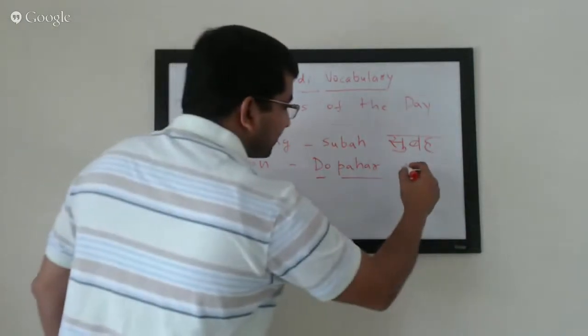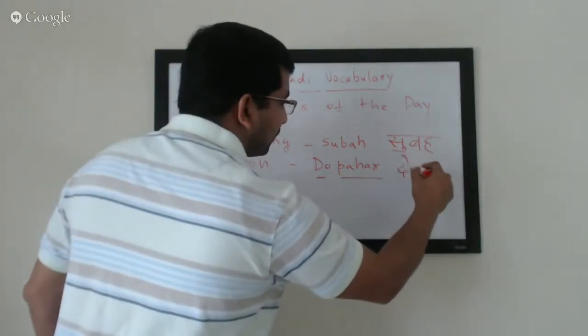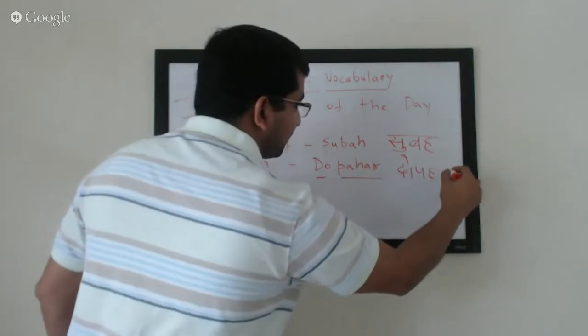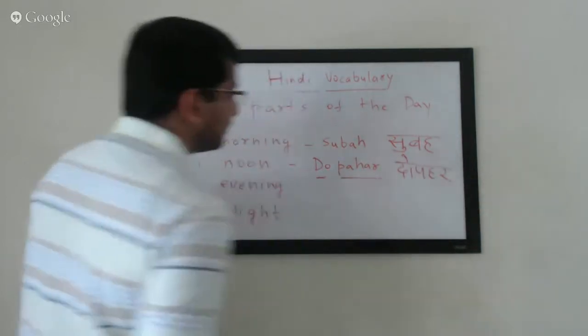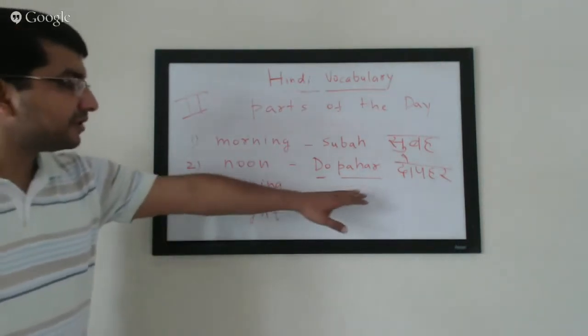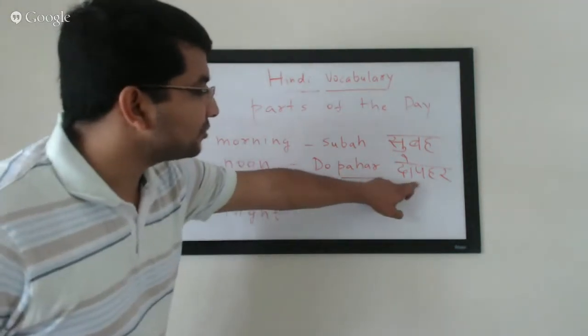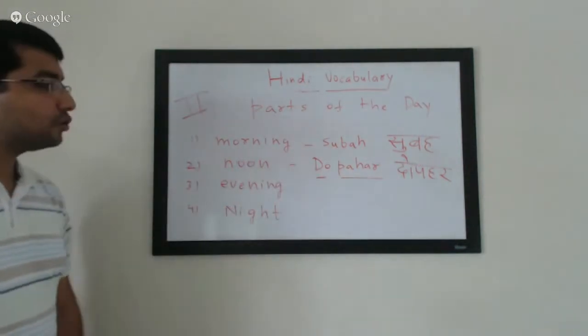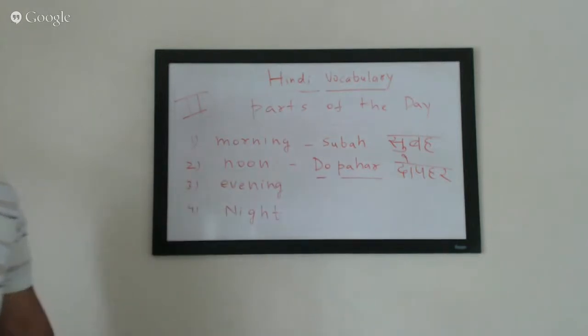And the way you write it is do, dopahar. If I go back to the song, you'll see that one of the keywords used in the song is dopahar, raat mein or dopahar mein. So that's dopahar.